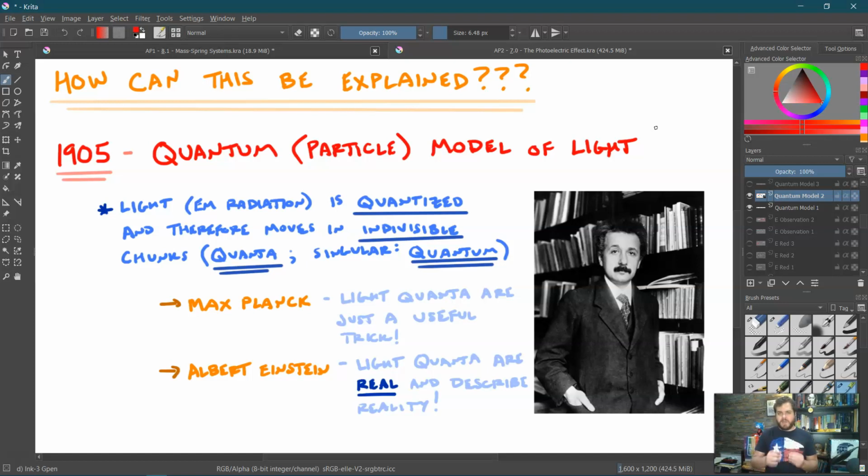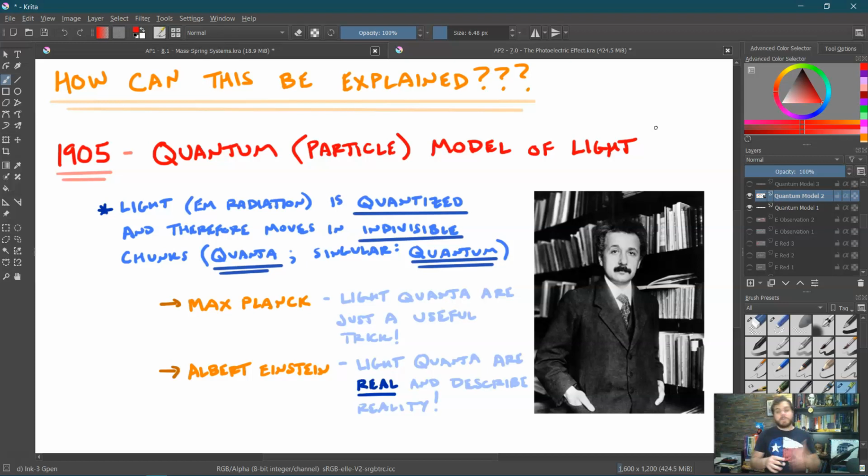And by quantized, we mean that it moves in indivisible chunks, otherwise known as quanta, or if we have a single chunk, a singular chunk is called a quantum. So it's a quantum. If we have multiple chunks, they're called quanta. So in other words, light exists in these little indivisible packets of electromagnetic energy.